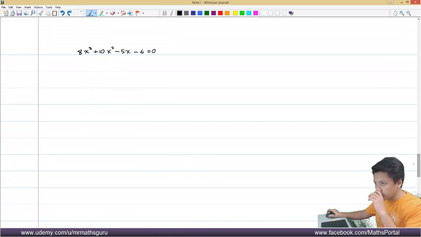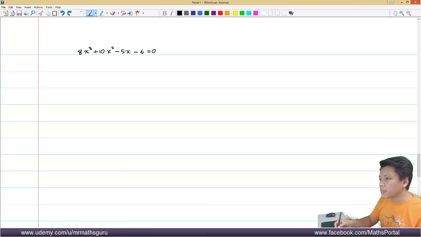Okay, this is the cubic equation. Let's assign a function to that.